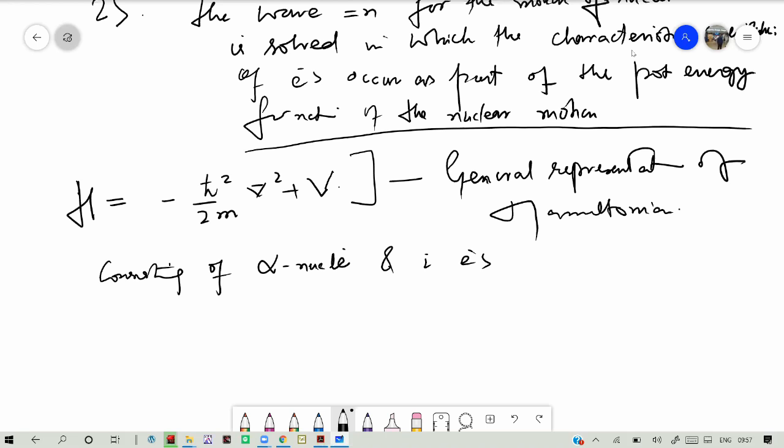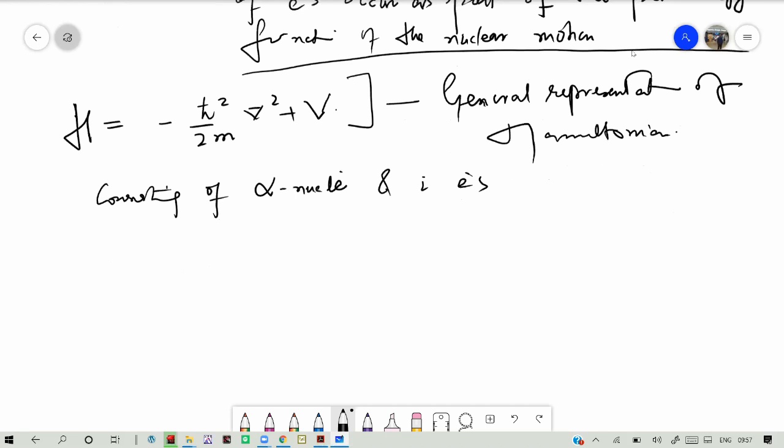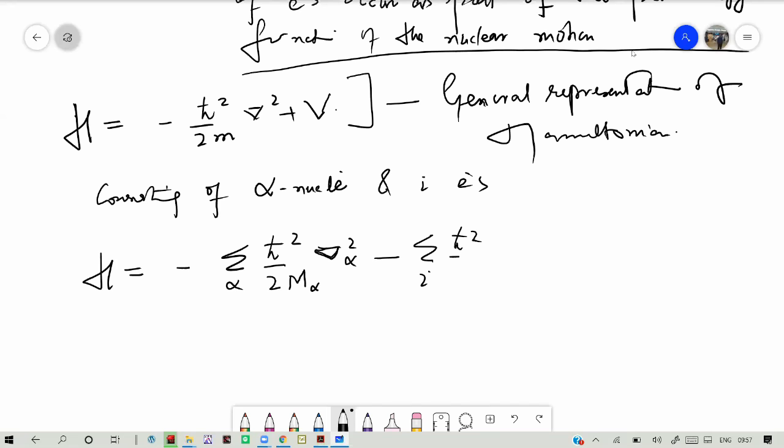This Hamiltonian can be written as minus the summation of h cut square by 2m alpha, first for the nucleus, del square alpha, minus the summation over i electrons of h cut square divided by 2mi, like we have m alpha, we have mi here, del i square.